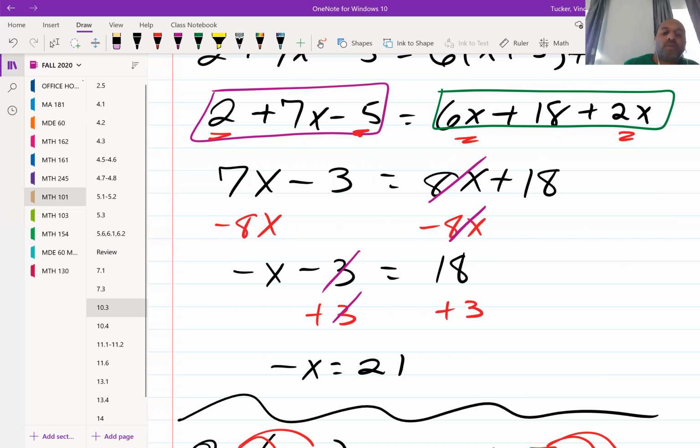All right, so we are not solving for negative x, we're solving for positive x. So I need to get rid of this negative, and the way we do that really is just to take it over to the other side of the equation, or apply it to the other side of the equation. Mathematically, what you're doing is either dividing by a negative on both sides or multiplying both sides by a negative. But ultimately, that means your answer would be x equal to negative 21.